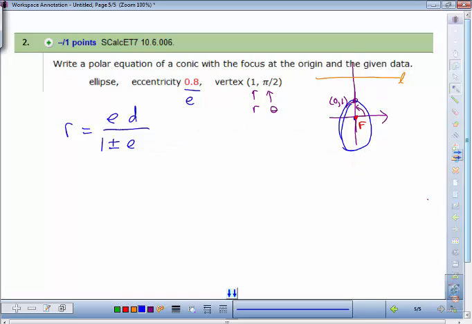Our major axis is along the y, so I think we're going to have to use sine theta. And so we have our eccentricity. We just need to figure out what our d is going to equal. So how do you suppose we're going to be able to find d?